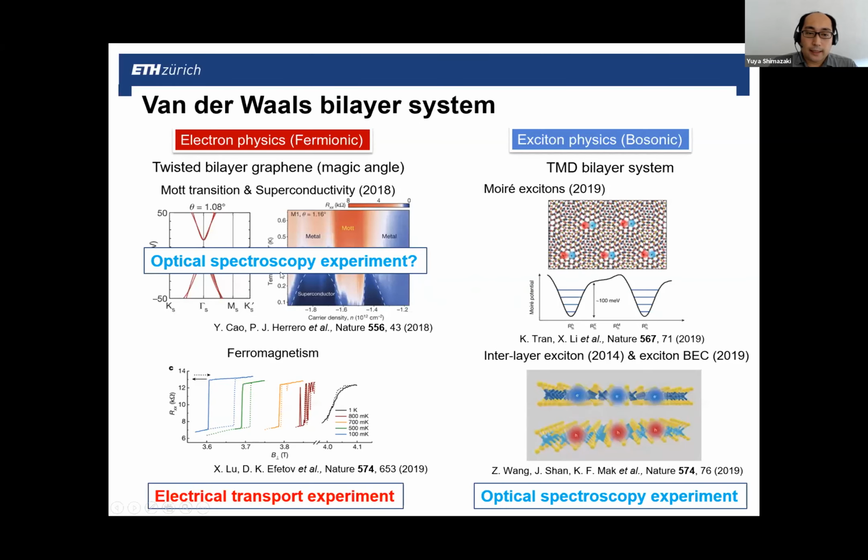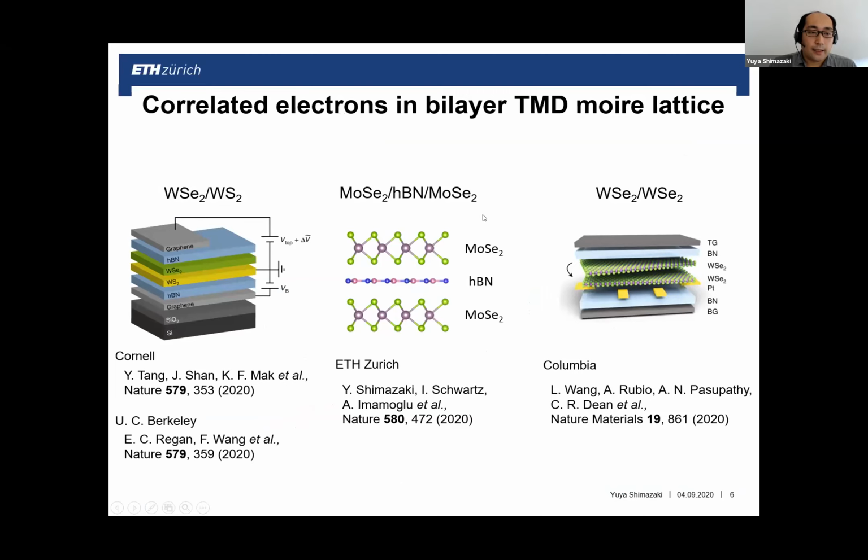To do this optical spectroscopy experiment, the TMD bilayer system is a nice system because the excitons are optically accessible by visible and near-infrared light. Indeed, several groups, including our group, very recently reported correlated electrons in bilayer TMD Moire lattices.